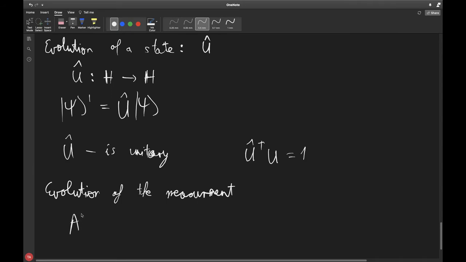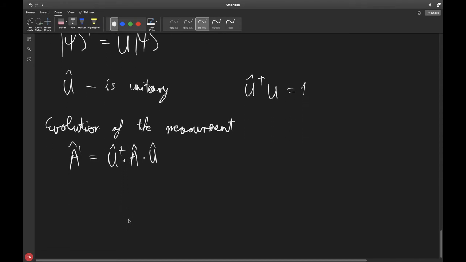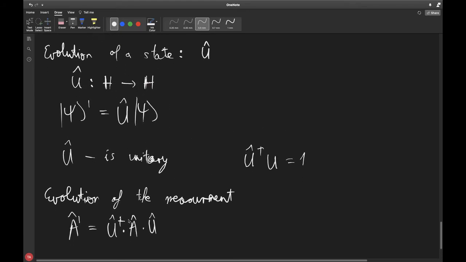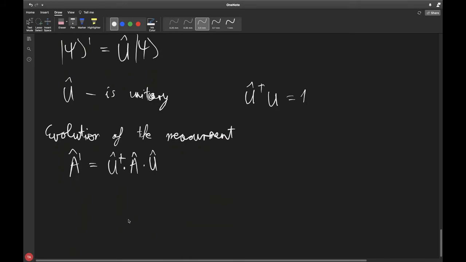Let's say that the A measurement will become A prime measurement, as earlier the psi became psi prime. That's happening by taking the dagger of the U, multiplying it with the A operator, and multiplying that with the U operator. So this is how we describe the evolution of the measurement. And earlier we had the description of how the state changed.